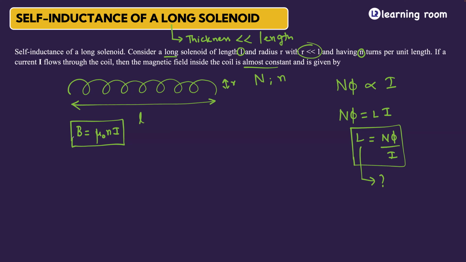First question to be answered is, since we are expected to calculate the self-inductance of a solenoid, I know that the formula for self-inductance capital L is equal to how much? N into phi divided by I, right? So this solenoid has N number of turns multiplied with the flux associated with the solenoid. So we know from the concept of self-induction that the current flowing through the coil is the reason for the induced EMF.